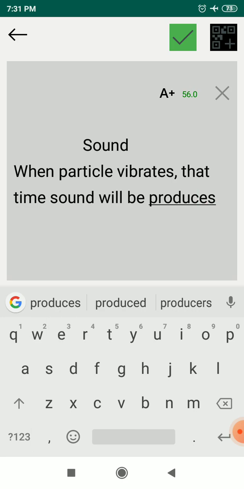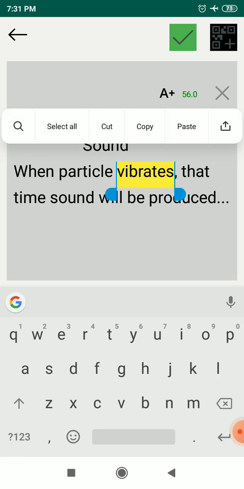Whenever we are beating anything, or whenever any particle is vibrating, meaning vibration is happening, that time sound will be produced. This is the most important thing in sound.